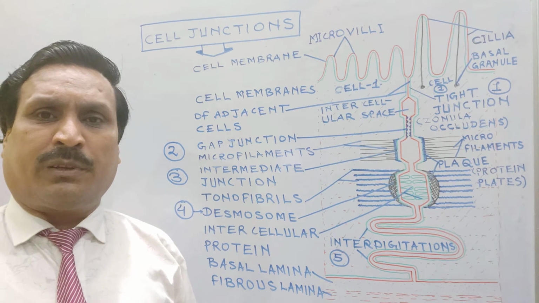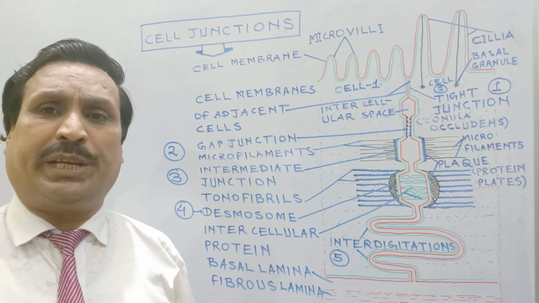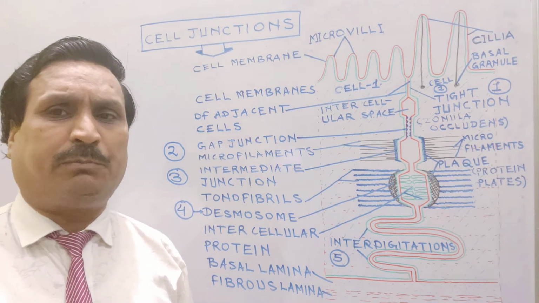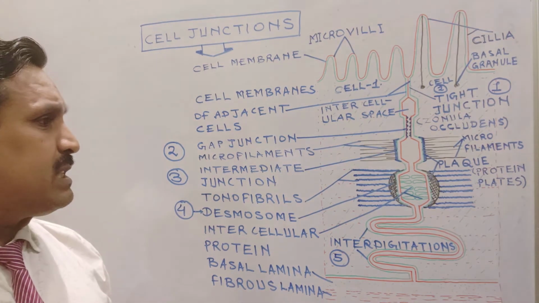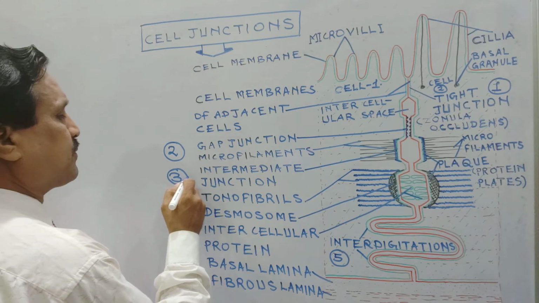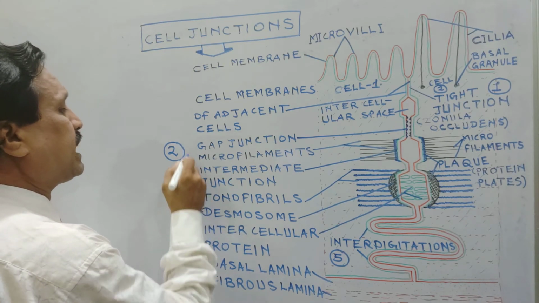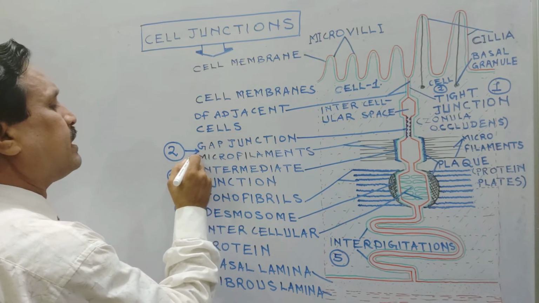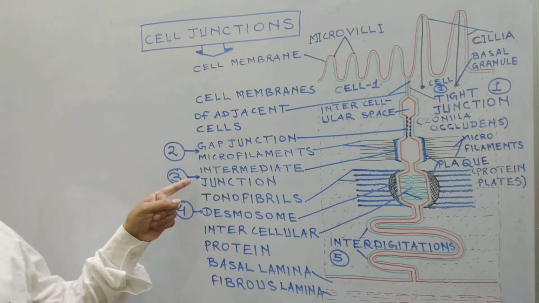Now I am going to begin third type of junction. This third junction is intermediate junction.